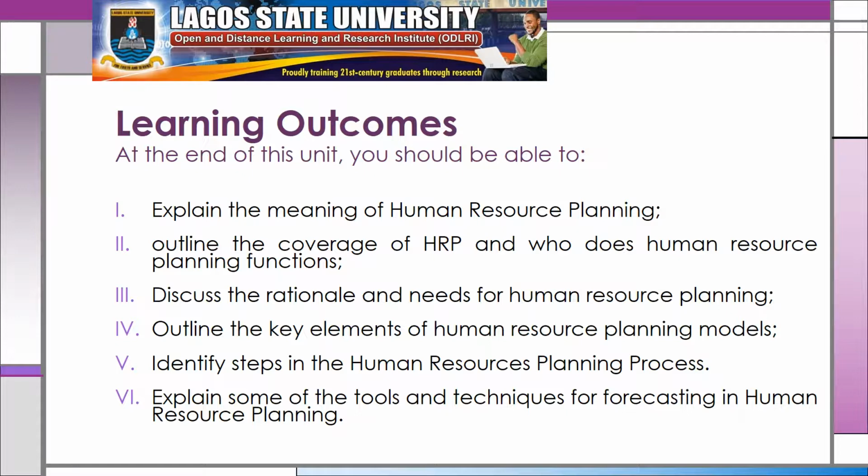Then we outline the key elements of human resources planning models. Also, identify steps in the human resources planning process. Last but not least in the lesson, we'll also be explaining some of the tools and techniques for forecasting in human resource planning.